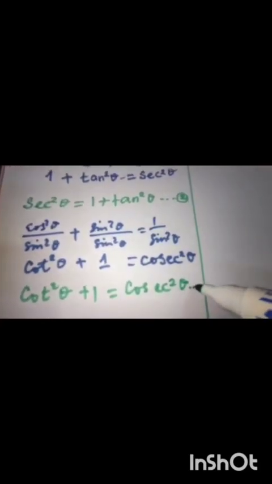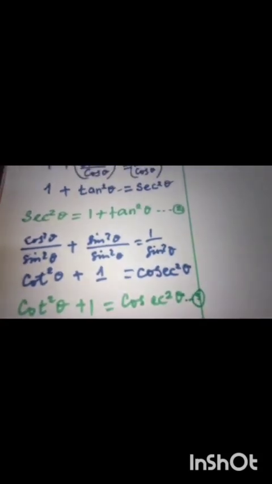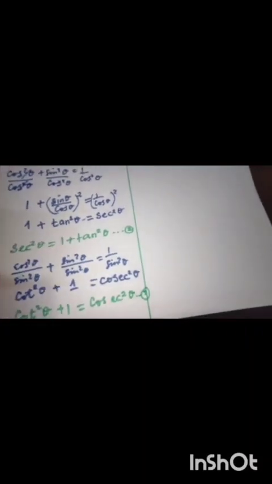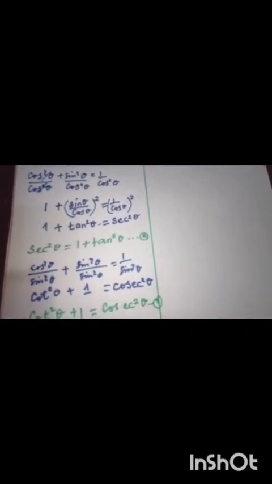This is equation 3. So those are the 3 Pythagorean identities.